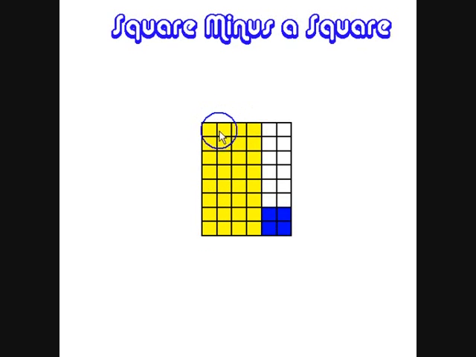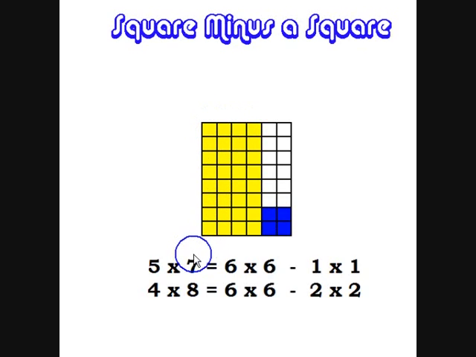So it's a 4 by 8 block, and that lets us write this second equation, that 4 times 8, the yellow block, is equal to 6 by 6, which was what we started with, the whole lot, the blue and the yellow, minus that blue chunk there, which is, as you can see, 2 by 2. So that's why I wrote it in that 1 by 1 form.